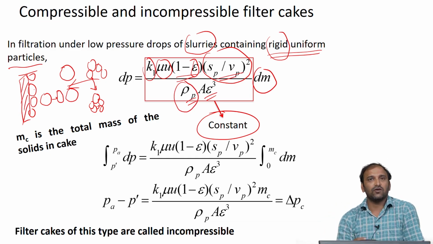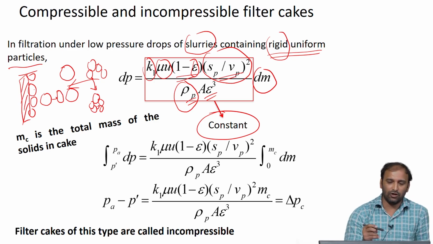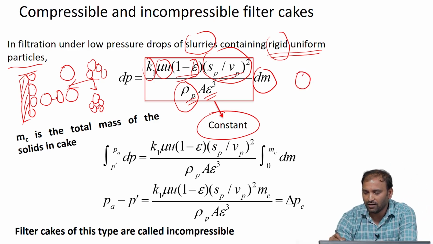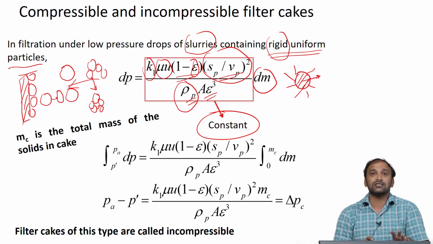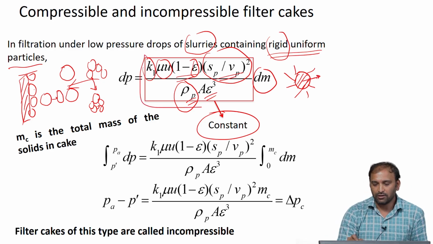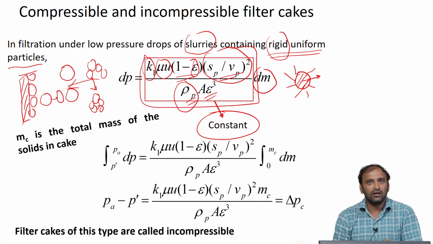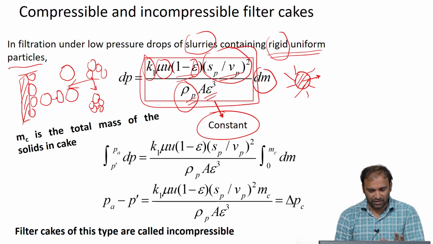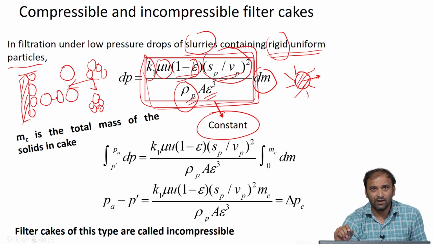However, with something like microgel particles, rho p itself will not be constant. Microgel particles have a rigid core plus some hairy brush, so there could be spatial variation of density. So there are cases where the prefactor need not be constant. However, if you are working with slurries which contain rigid particles that do not deform during filtration, I can assume all these terms are constant.